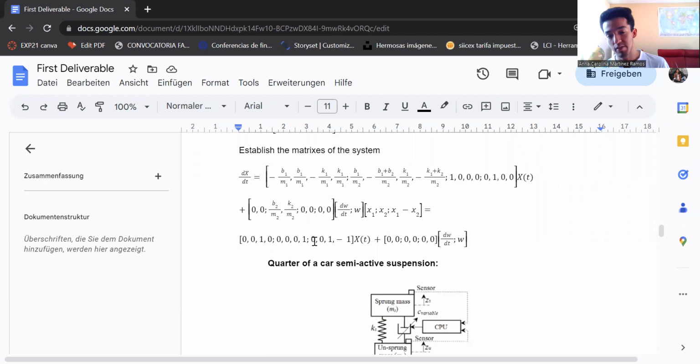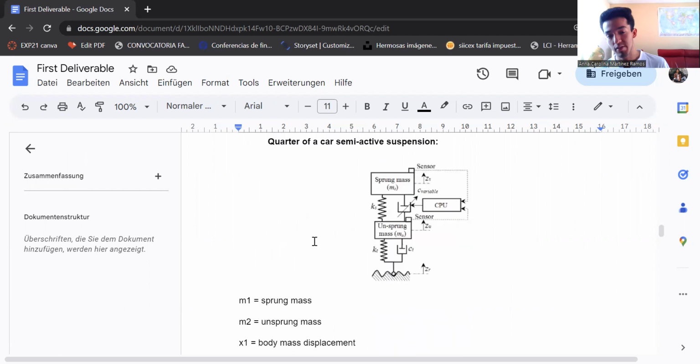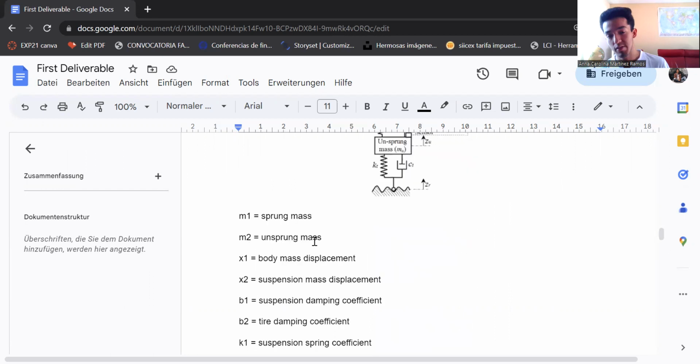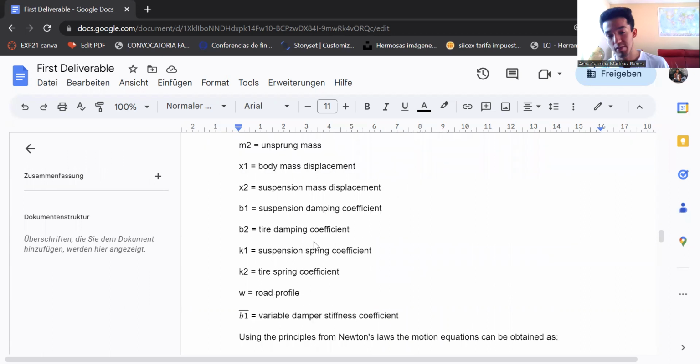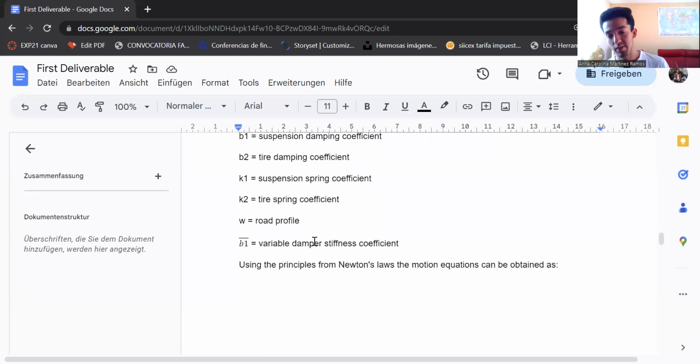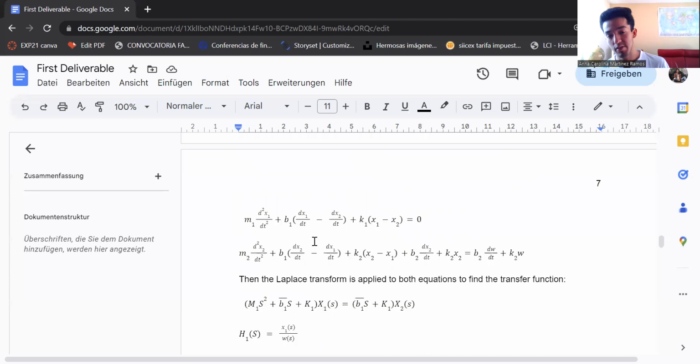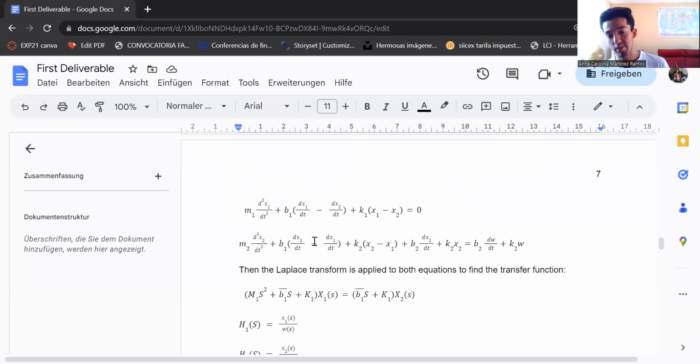For the quarter of a car semi-active suspension, we are shown this diagram, which we also have to put some variables, some names. We have to establish what those variables are going to be in order to put an equation. And again, using the principles from Newton's law, the motion equations can be obtained as these two equations, and we can show the relation about it, and then we do the Laplace transform in order to find the transfer function.